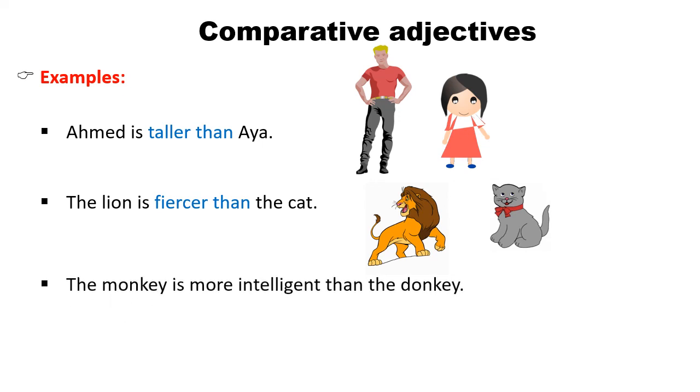The last one, here I'm using the long adjective, which is intelligent. The monkey is more intelligent than the donkey. Okay, so here we don't change anything, we put only more and then. The monkey is more intelligent than the donkey.